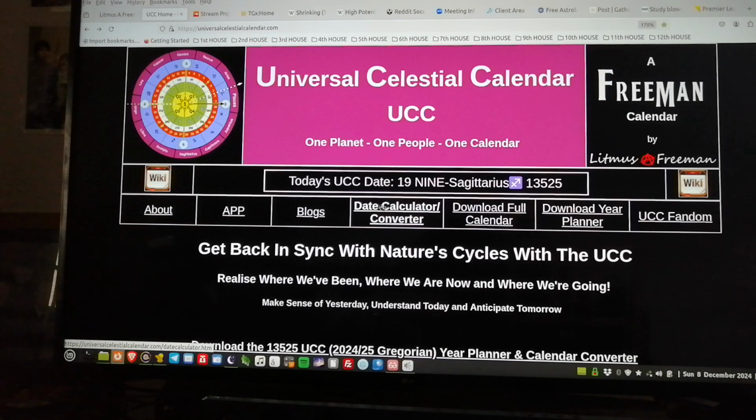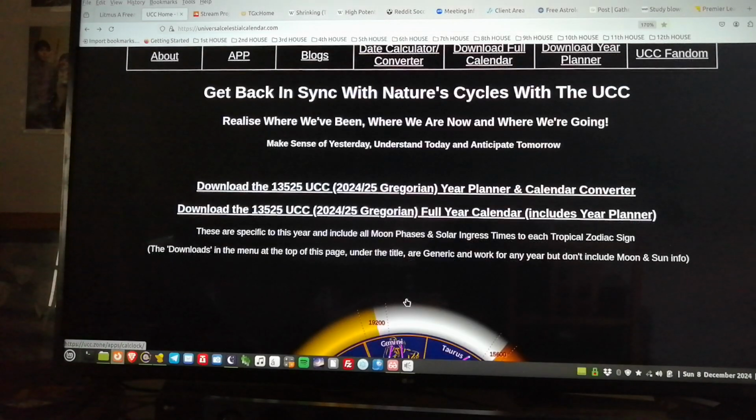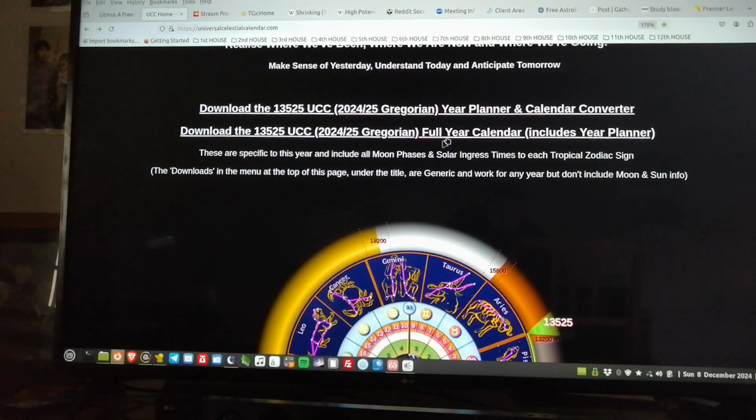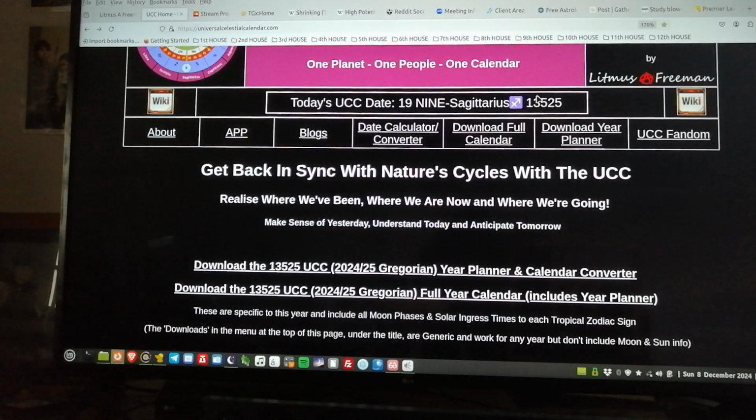You've got a date calculator and converter also on the web page. You can download the full calendar and the year planner. So this year's ones are there. You can download them specific for this year. These ones at the top here are generic, so they're blank ones that have the format of the calendar, because as I say, it repeats exactly the same every year.